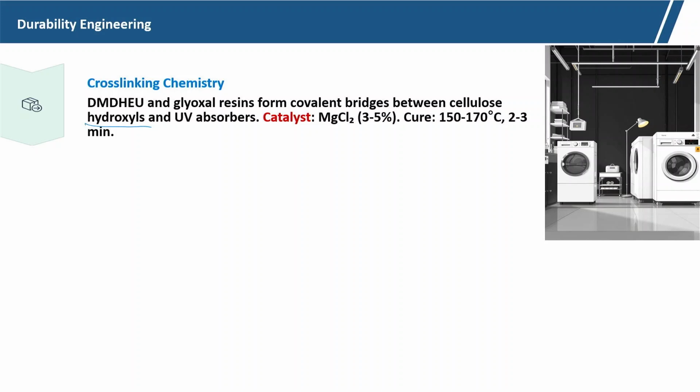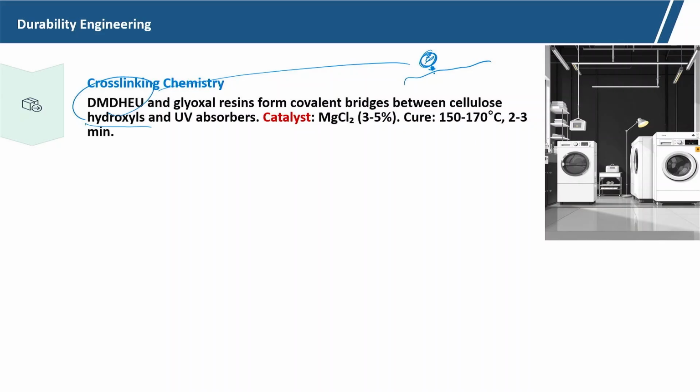So, with the cross linking agent between UV absorber and cellulose, some resin like DMDHU forms the covalent bond between these.